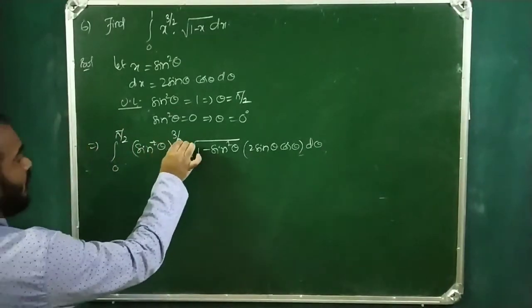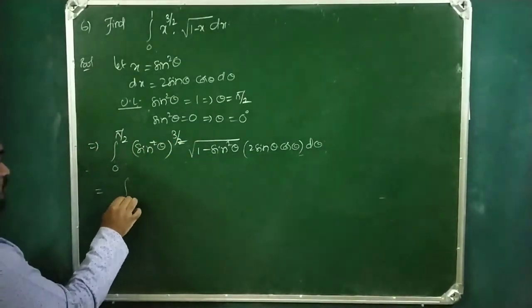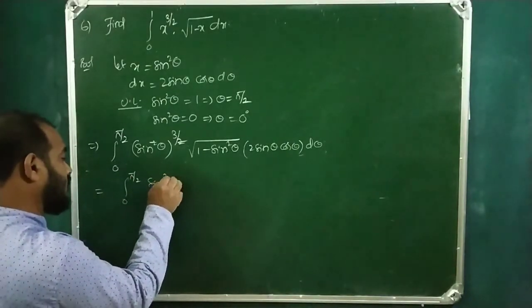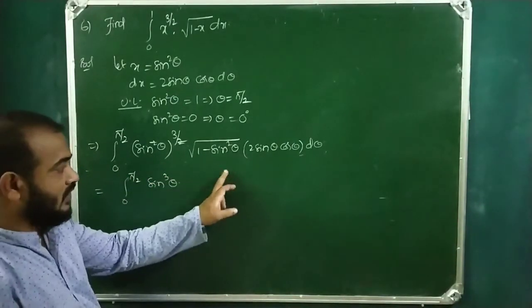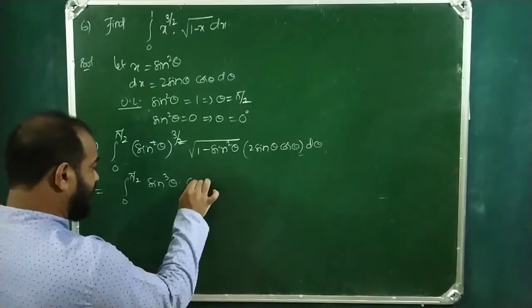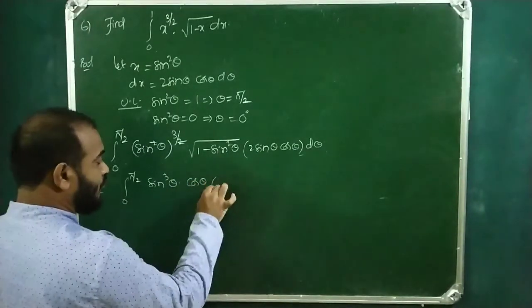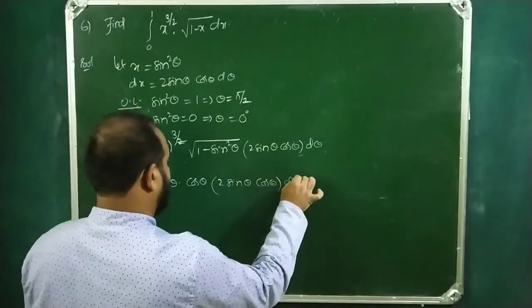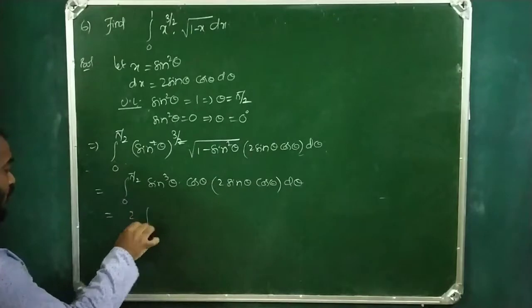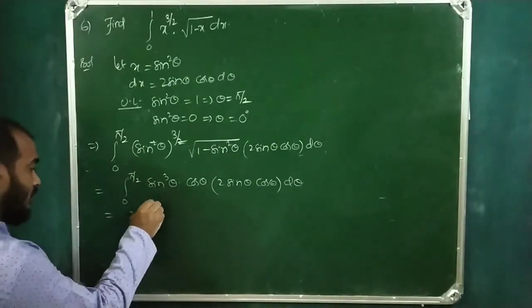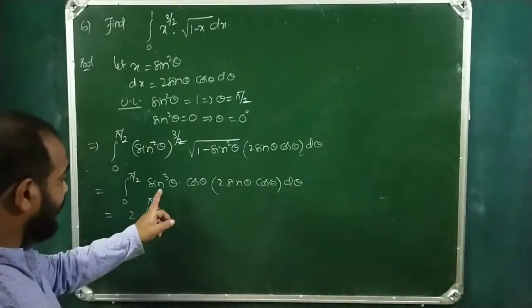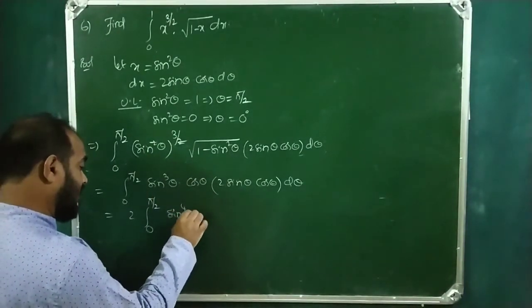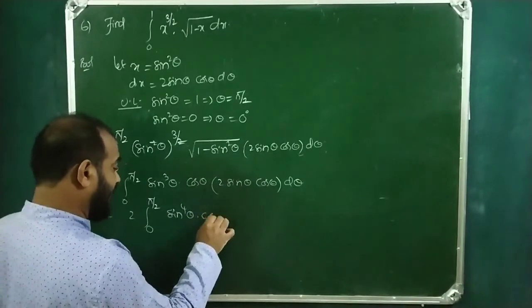So this is equal to integral 0 to pi by 2 sin cube theta. 1 minus sin square theta is cos square theta, under root is cos theta. This is 2 sin theta cos theta d theta. 2 I am separating from the integration, 0 to pi by 2. This is sin cube theta into sin theta is sin power 4 theta into cos square theta d theta.